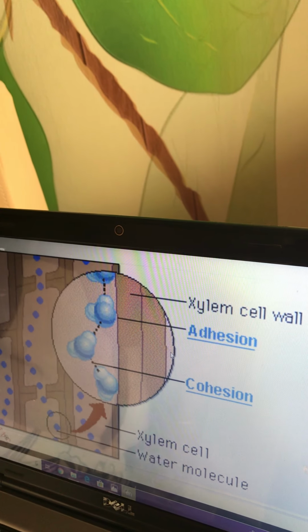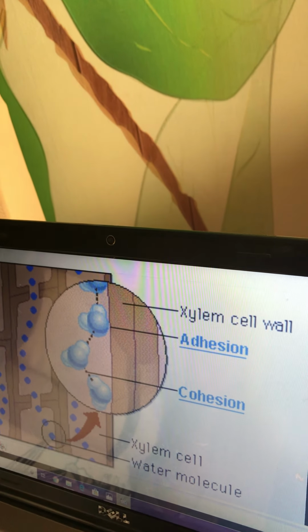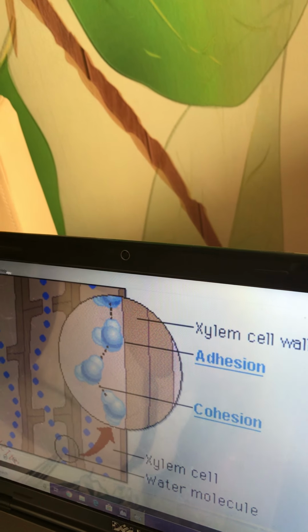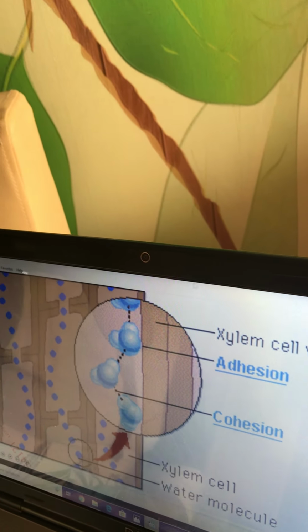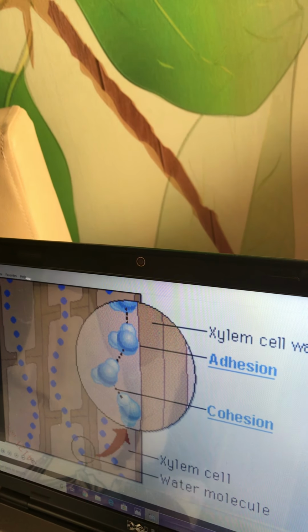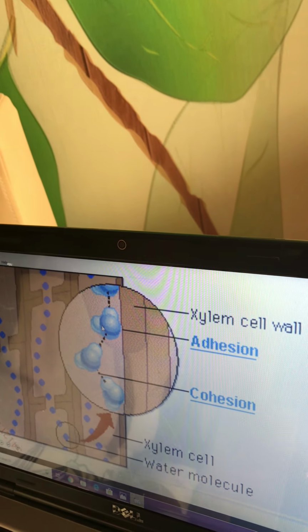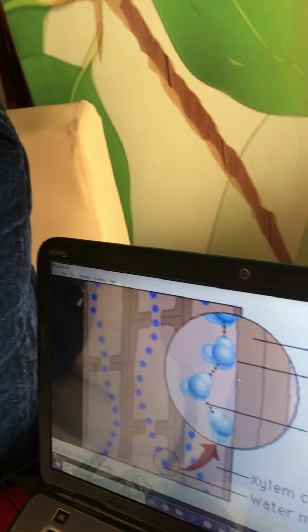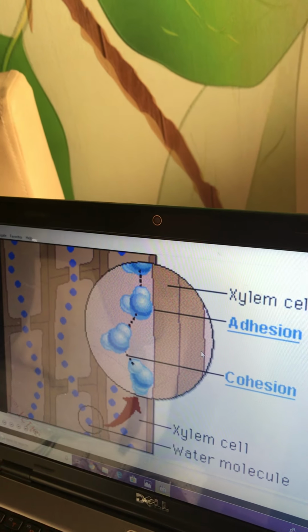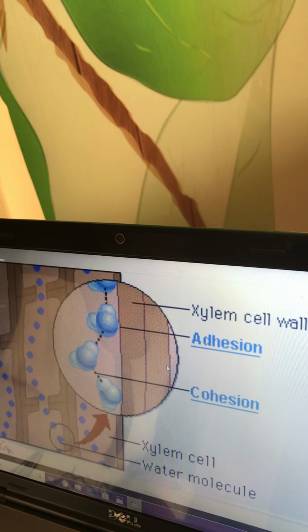So there are two forces which help in the movement of water molecules and making it a complete column of water. Attraction between similar water molecules is called cohesive force. Attraction between the water molecule and the xylem vessel through which it is flowing is called adhesive force or adhesion.